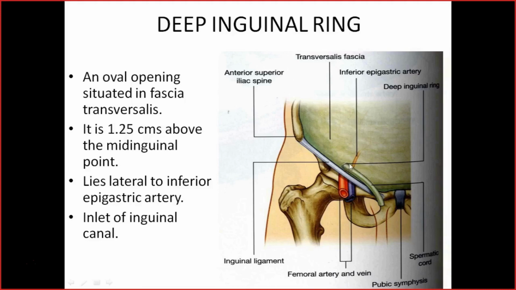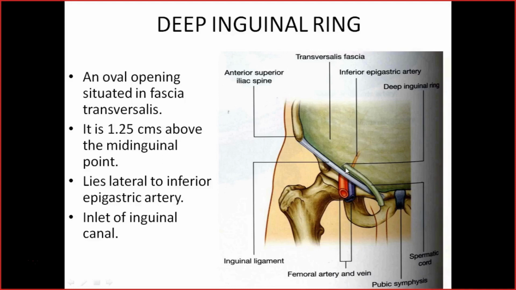Here, for measuring the deep ring, we take the mid-inguinal point. The deep ring lies 1.25 cm above the mid-inguinal point. If you are searching for it after dissecting and removing the transverse abdominis, to see the exact place, one artery will be seen, which we call the inferior epigastric artery.